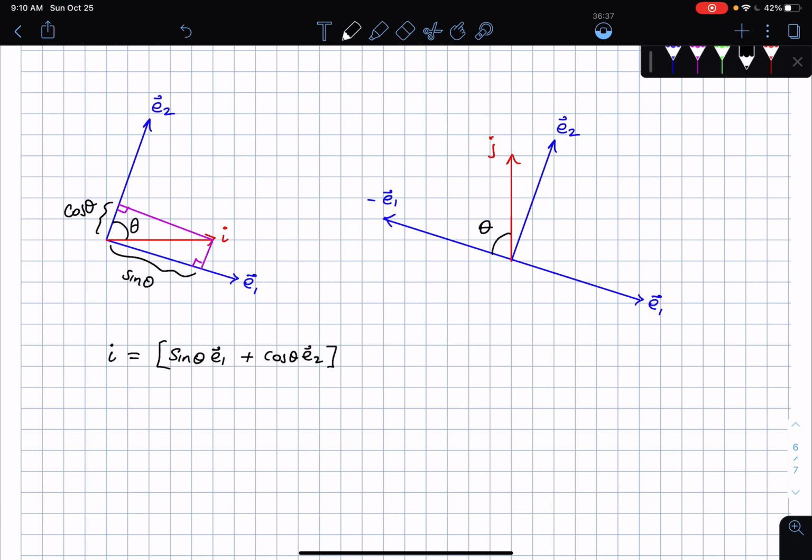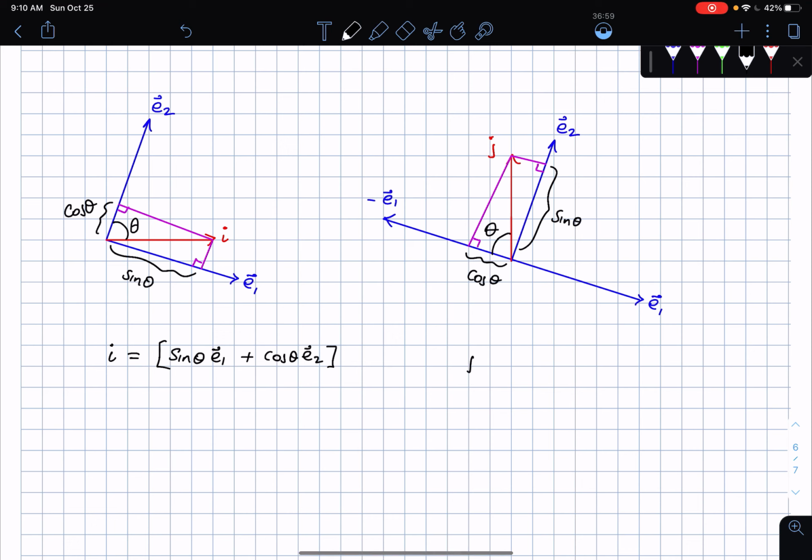So if I do the coordinate transformation from the head of J, I drop a perpendicular down here, and then I drop a perpendicular down here. Let me grab this theta and then bring it closer. Fantastic. This is perpendicular, hopefully. This is going to be sine theta. This is going to be cosine theta.